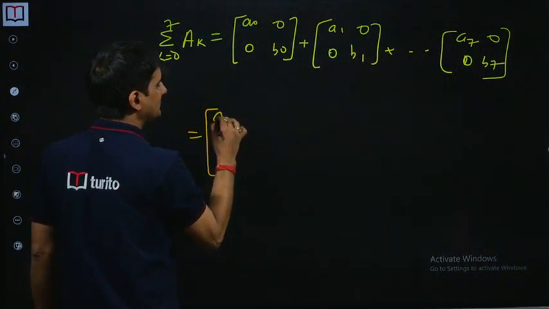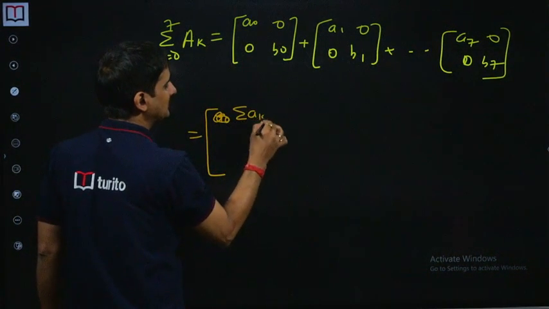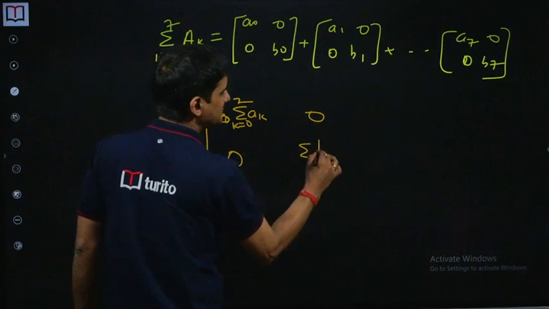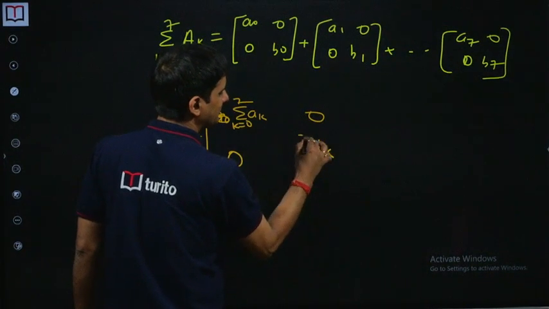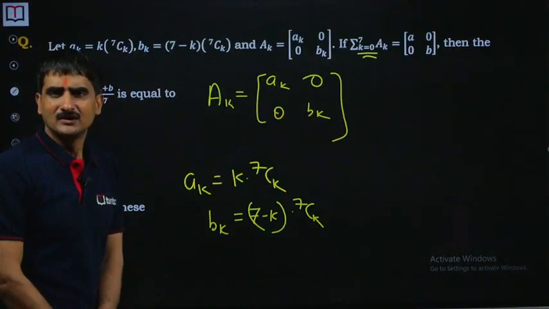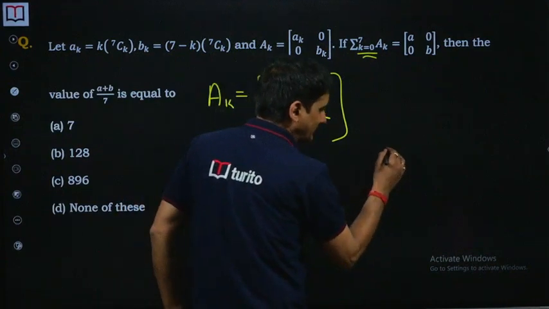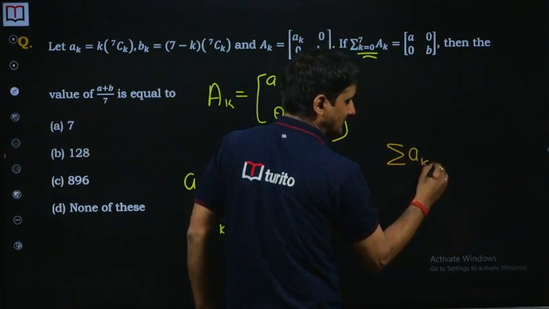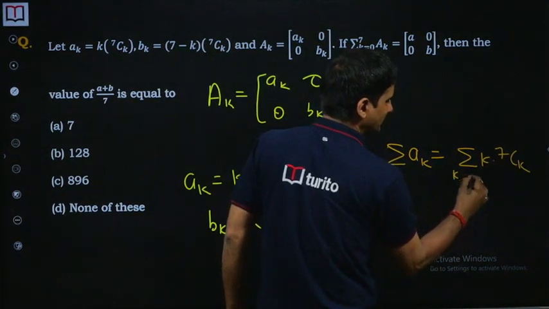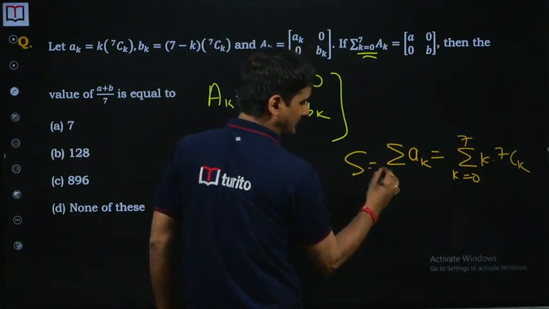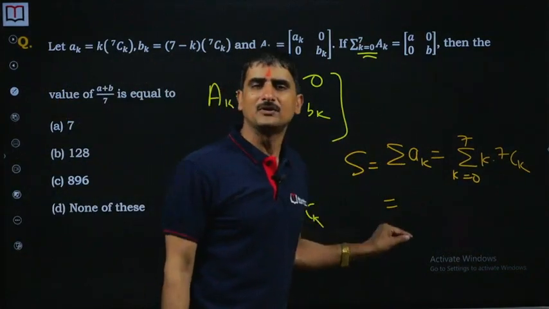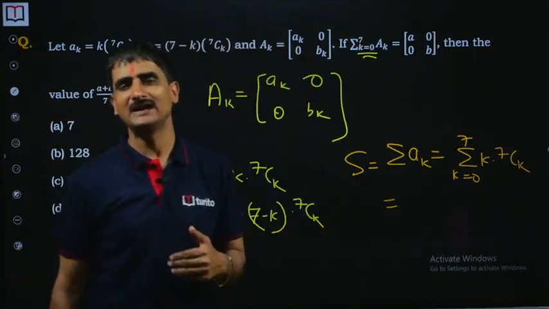So it's nothing but summation of A_K, K goes from 0 to 7, 0, 0, summation of B_K, K goes from 0 to 7. Now see, children, summation of A_K, which is summation of K times 7CK, K goes from 0 to 7. If I call it S. Now applying the King property, we can apply the King property over summation also, like in integration.